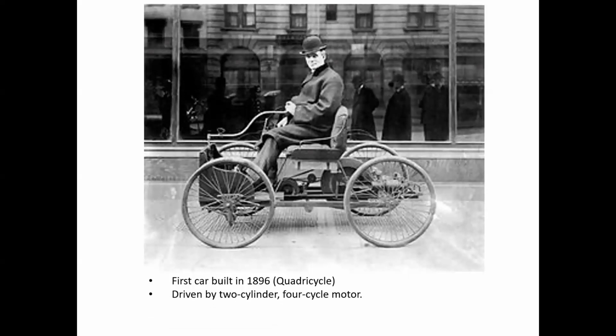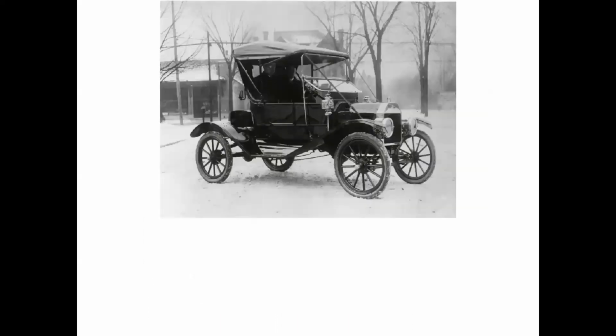Okay, and it is driven by a 2-cylinder 4-cycle motor, mounted on bicycle wheels, no reverse gear or brakes. Okay, that time tak ada reverse gear ataupun brake lah. Okay, yang ni antara yang mula-mula lah yang dibuat oleh Henry Ford.